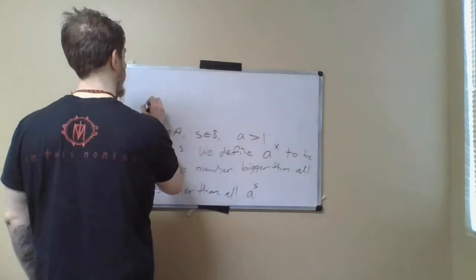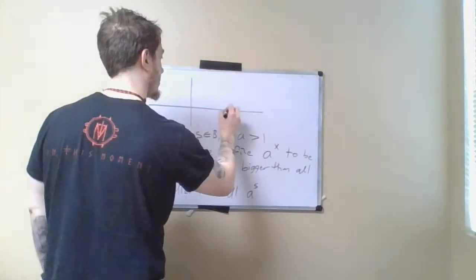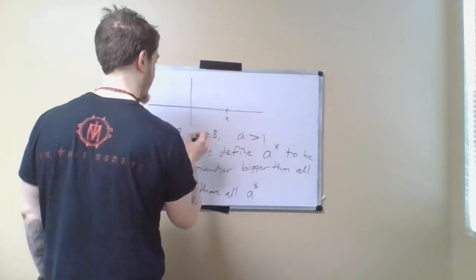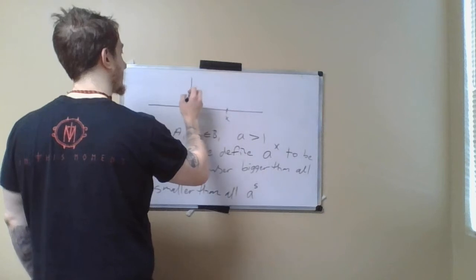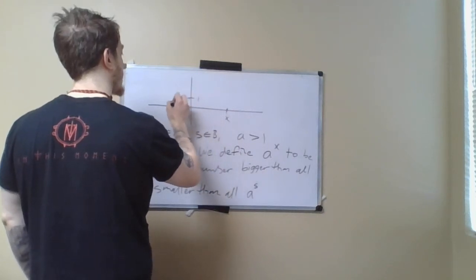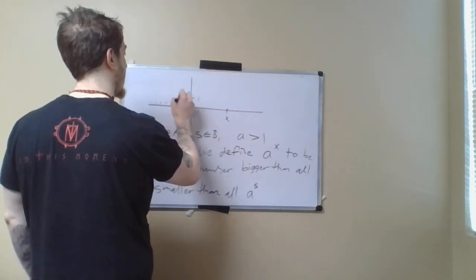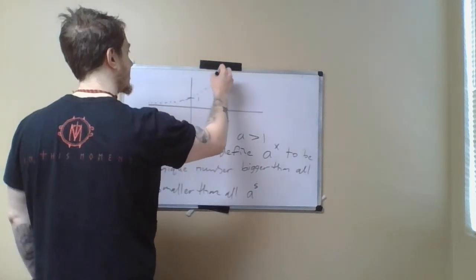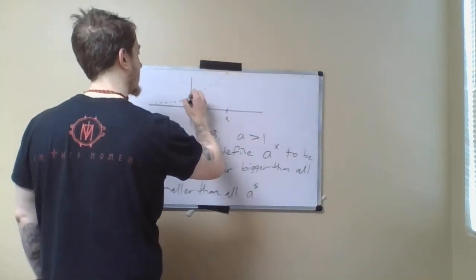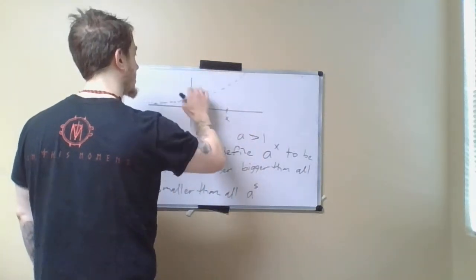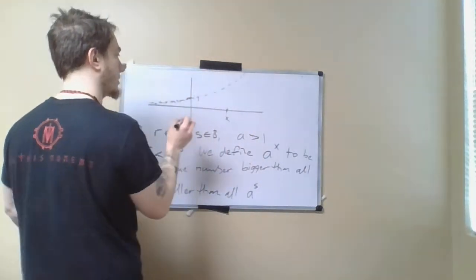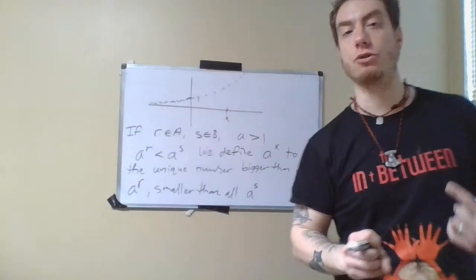So let's suppose that this is our little number x. If I look at the rational numbers, the picture that I'm going to get here for my exponential function is going to look like this. Let me make it a little bit more shallow so that we can have everything on the screen. So you know that the exponential function looks like this. I'm dotting it because we're only evaluating it on the rational numbers.